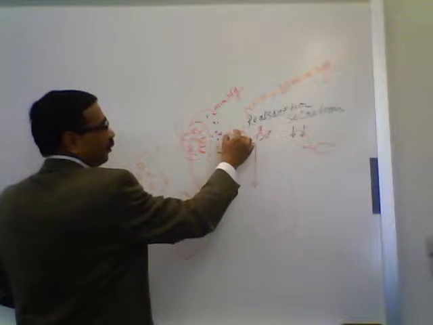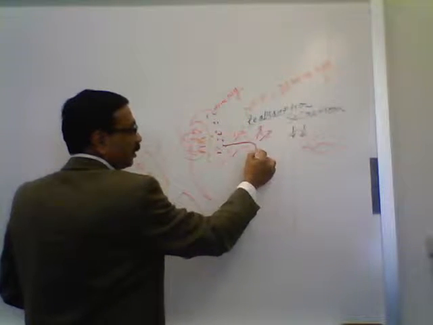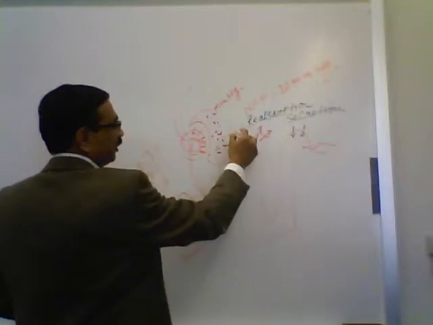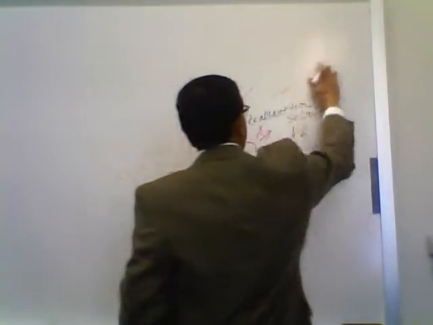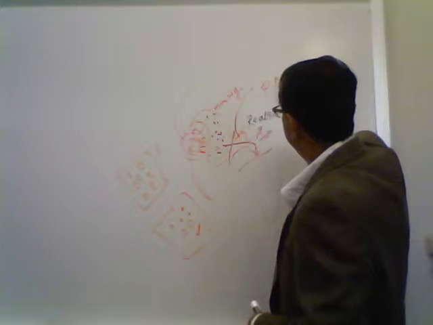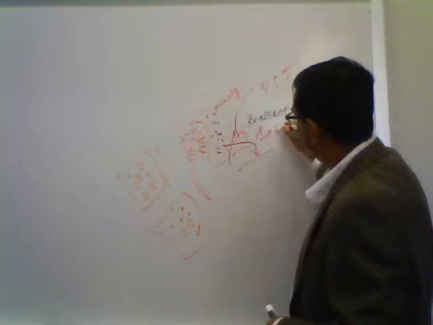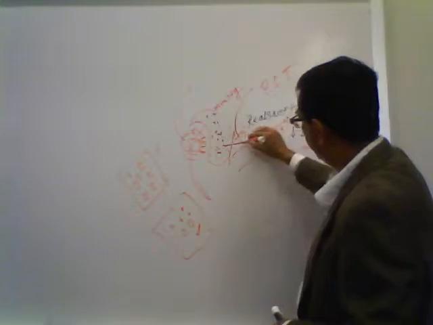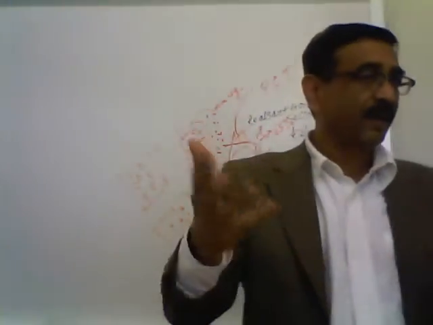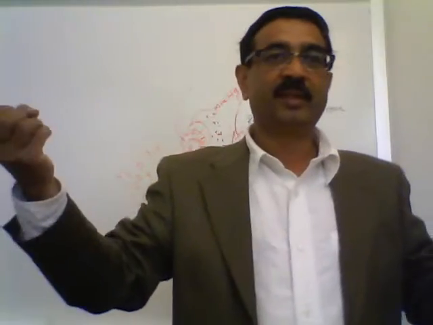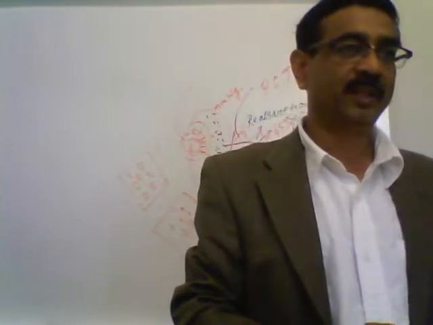Okay. Now, when the fluid passes through the proximal convoluted tubule, this part is called the proximal convoluted tubule. 65% of everything is reabsorbed here equally. That means water and other chemicals are equally taken back into the body. Is it clear?